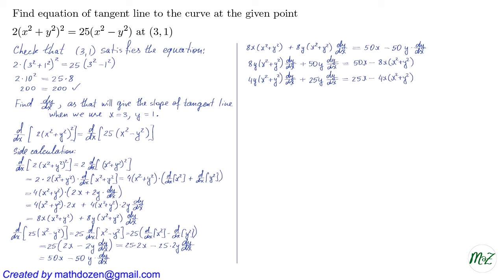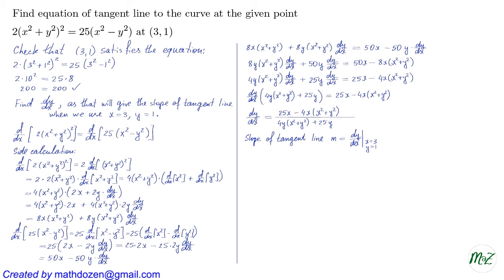And so we can go ahead and divide through by 2. Then factor out dy over dx on the left-hand side and divide by the long expression we have next to dy over dx. So that's the formula for the dy over dx.